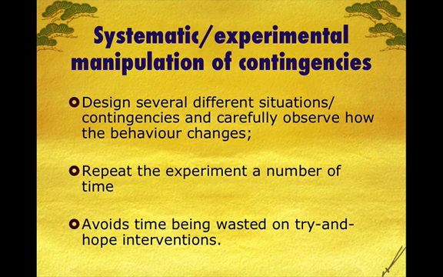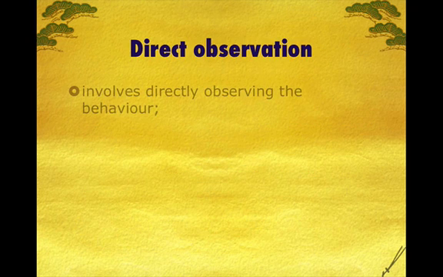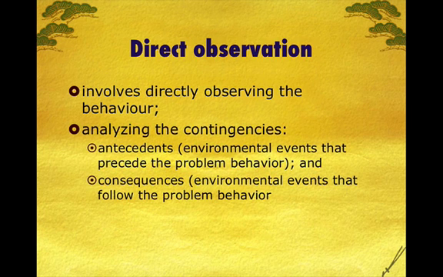This procedure, while it might seem as if it takes a bit of time up front, avoids time being wasted on a try and hope intervention. So the direct observation involves directly observing the behavior and then analysing the contingencies that have led to that behavior, the antecedent and the consequences.